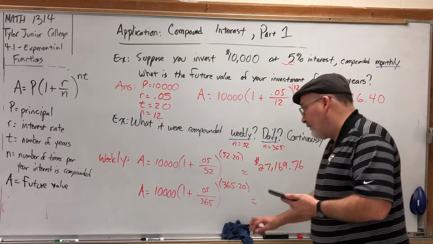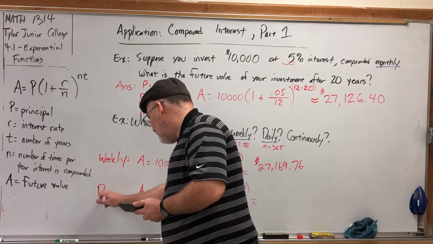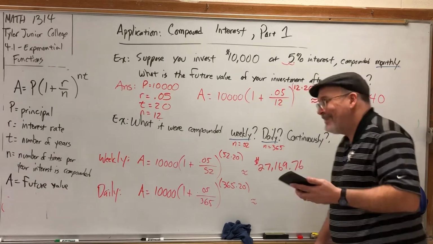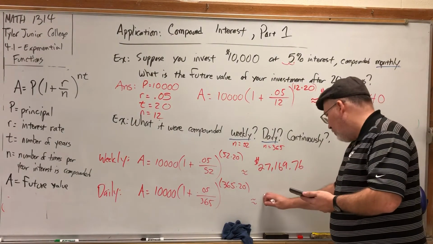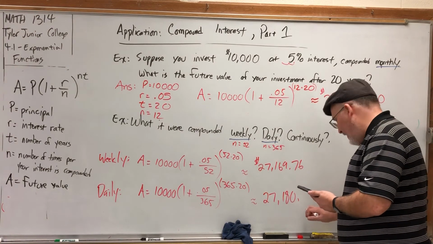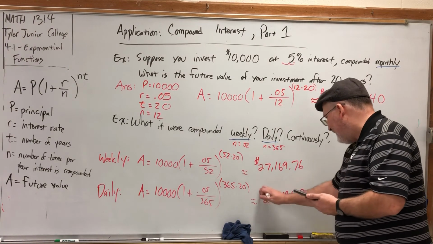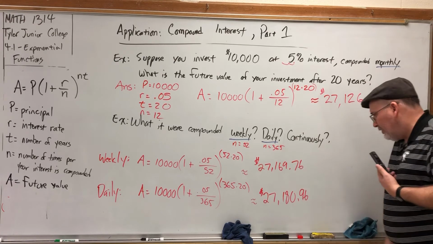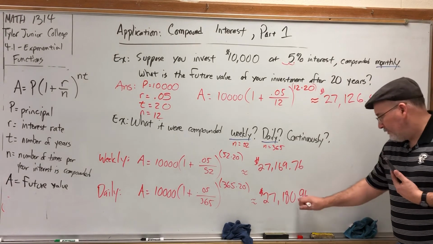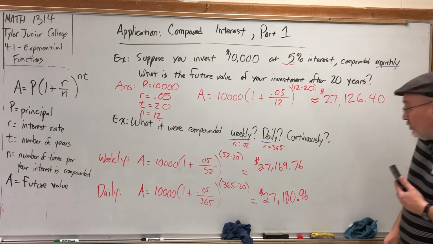But for the daily, where they say at the end of each day, we're going to calculate the interest you've earned on that one day and add it on to your principal, $27,180.96. And again, it's not significantly more, but if I offered you one of these 3 checks, we would all take this one. If there were no strings attached, of course.